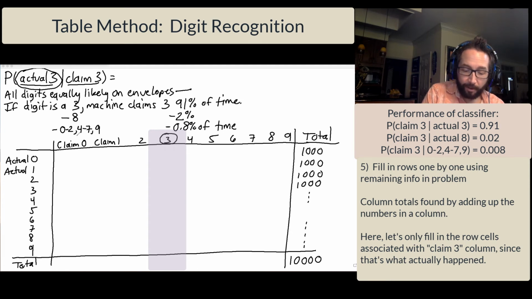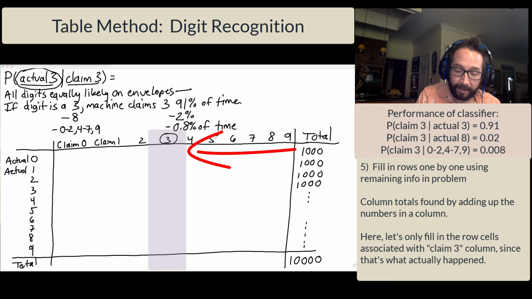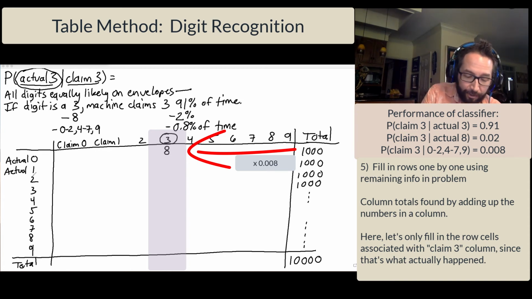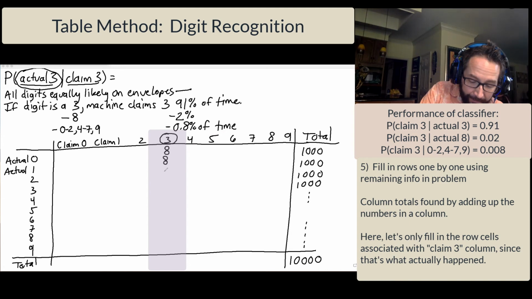Well, we know that when the digit is something other than a 3 or an 8, there's a 0.8% chance that the machine is going to classify it as a 3. So 0.8% of these 1,000 instances, or 8 times, it's going to claim it's a 3. And if it's actually a 1, well, same sort of deal. 0.8% of the time, it's going to be claimed to be a 3. Same thing for 2.